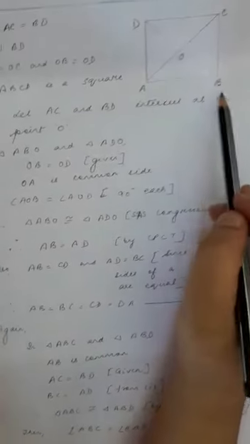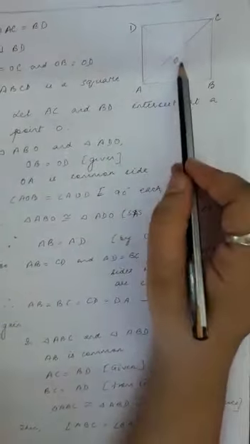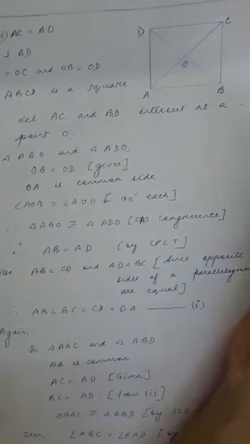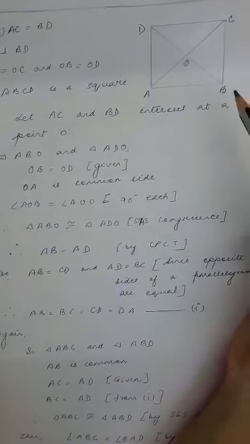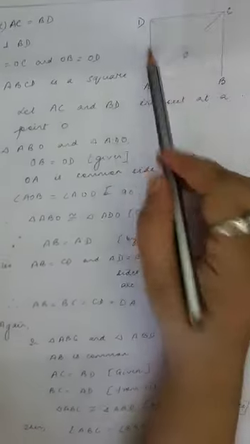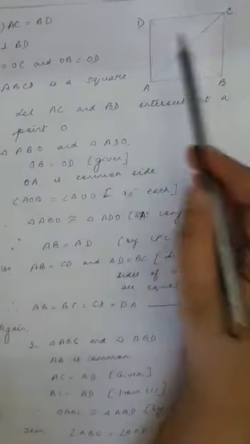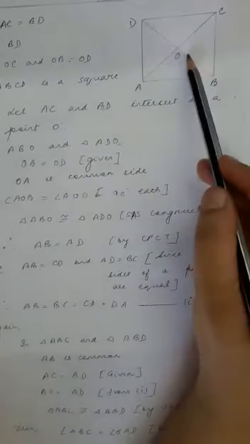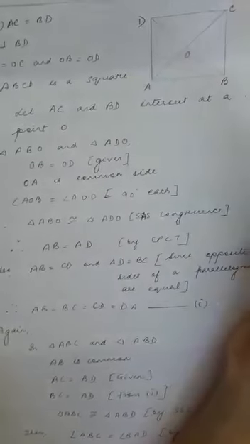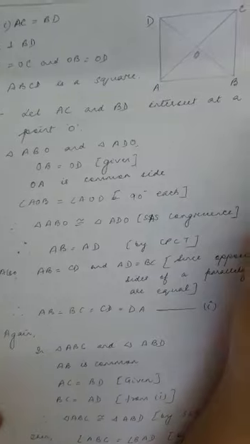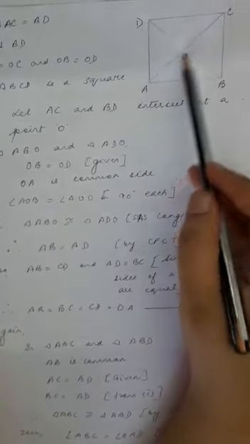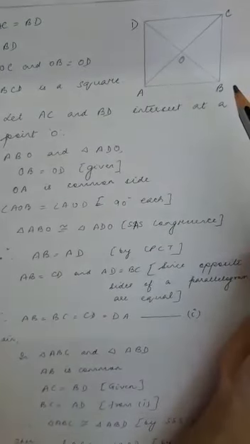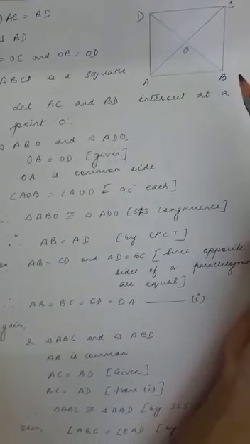Now AC and BD are perpendicular, and they intersect at the point O. Now in triangles ABO and ADO, OB is equal to OD, it is given. OA is the common side and angle AOB is equal to angle AOD, 90 degrees each. Therefore these two triangles AOB and AOD are congruent to each other by SAS congruency.